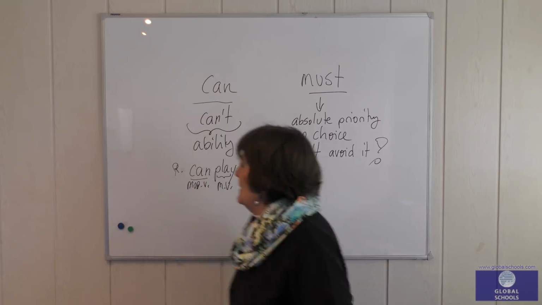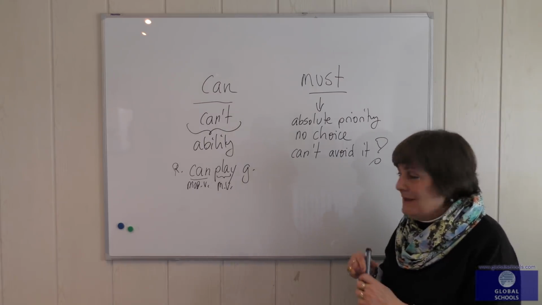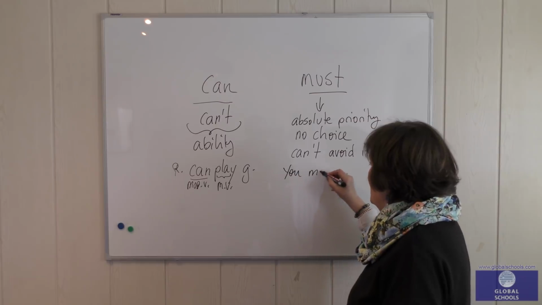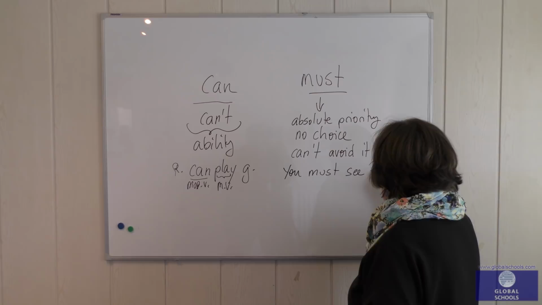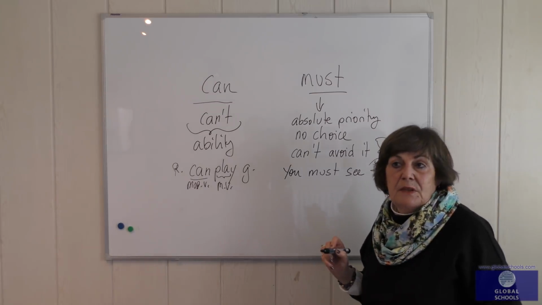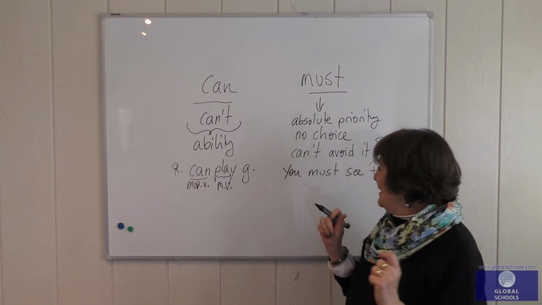And when you look at the sentence structure, you know what? It's the same as with can. I say, you must see the doctor. You see? I can, also, she must see. Again, no S, wonderful.